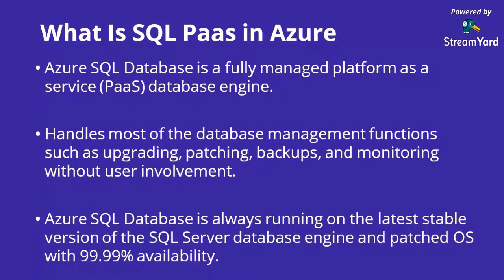Whenever we use SQL PaaS, they provide the latest database engine, patch it themselves, and take care of everything. The SQL PaaS availability is 99.9%. We don't have much downtime, so it won't affect our business. These are the main advantages.